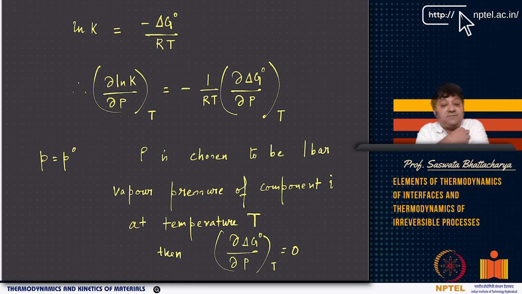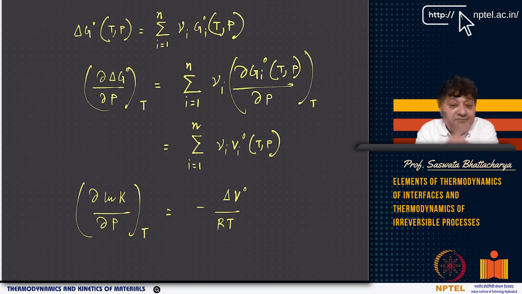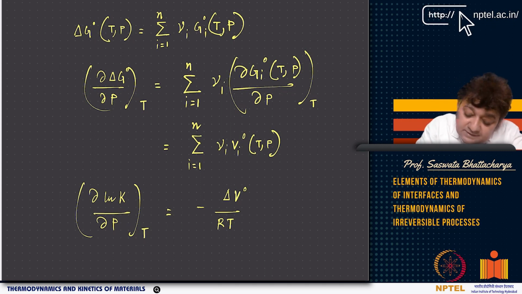Then delta G naught does not vary with P. However, if we take the system pressure, then there is a variation. Why? Because delta G naught is given by the sum of nu i G i naught of T, right? This is for the system.